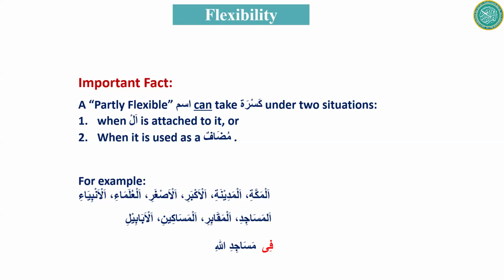And they will take kasra under only two situations, which we talked about: when al is attached to them to make them proper noun, or when they are used as mudaf. They will take kasra if needed for some reason in the sentence. That's all about flexibility. Inshallah, we'll start a new topic next time. This is the end of the lecture today. If there are any questions, we can talk about them now.